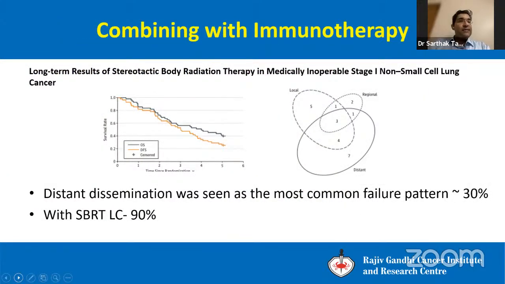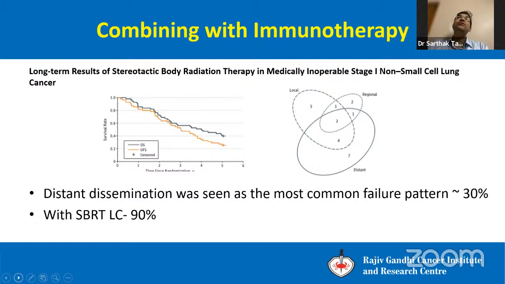So again, this was derived from the 2018 data, the first data of the RTOG 0236 trial, which showed in the long-term data that distant dissemination was up to 30% with an SBRT local control of 90%.